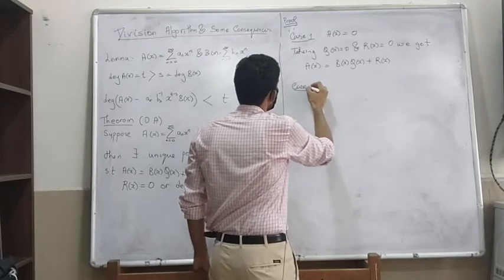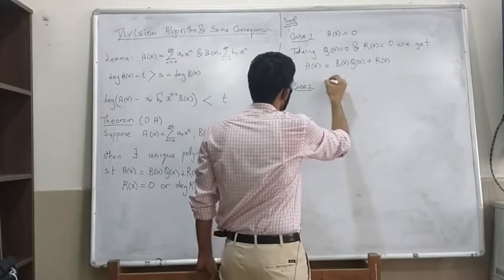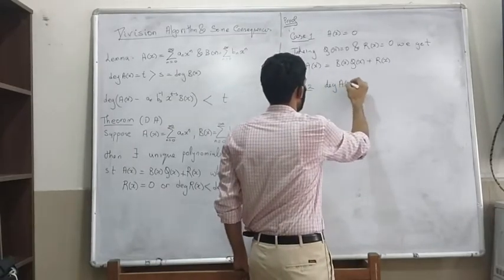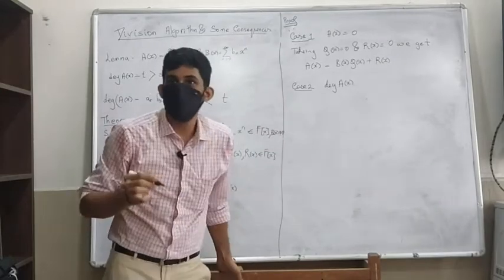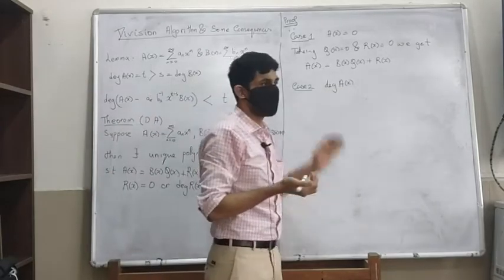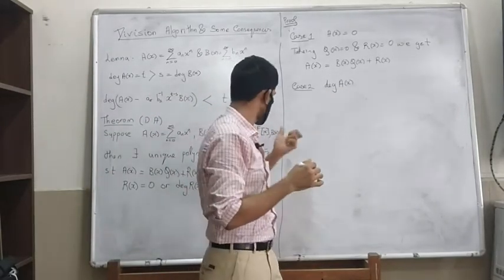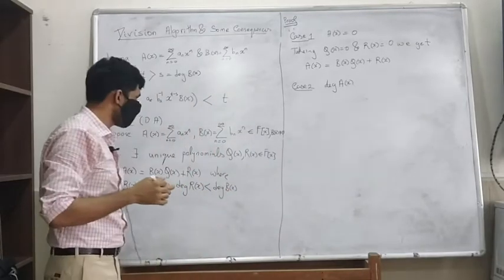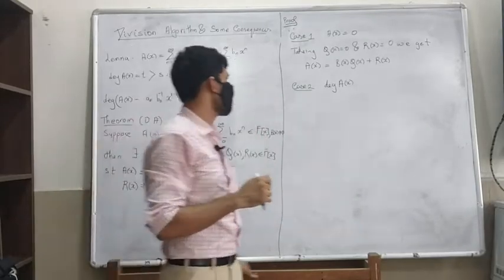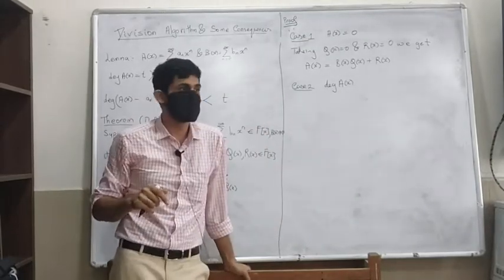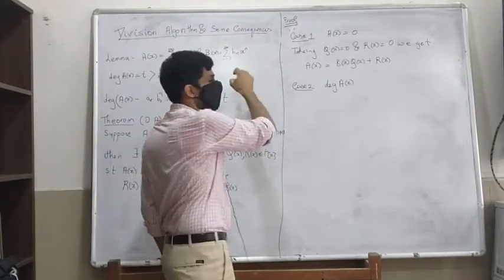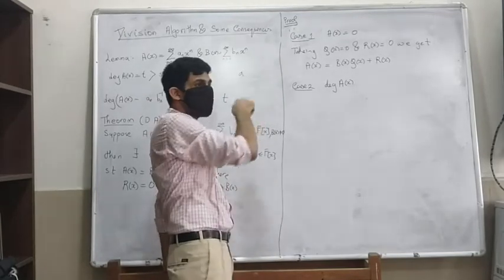The second case is, what happens if the degree of A is less than the degree of B? Even in natural numbers this is an obvious choice. If you have A and B, you want to divide by B, and you know that A is smaller than B, what would be the remainder?